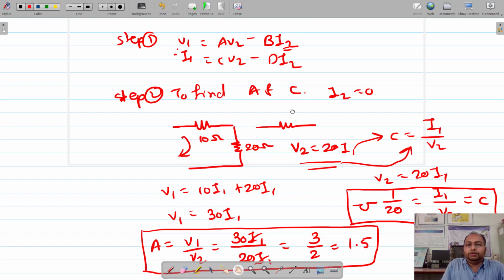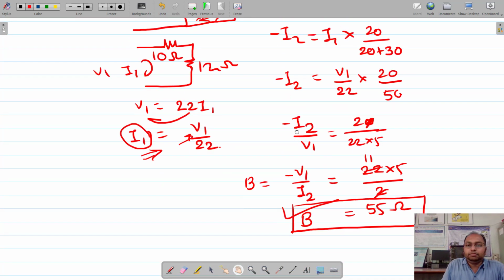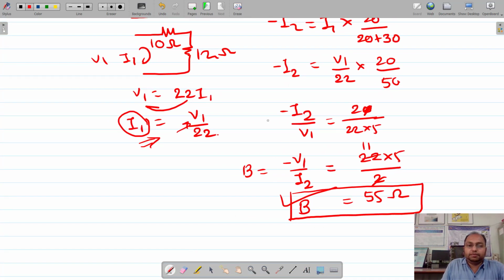Minus I1 by I2. Okay, so let us take this minus I2 by I1. So simply from that equation, I have taken that I1 term to the left hand side, and this is going to become 20 by 50, right?